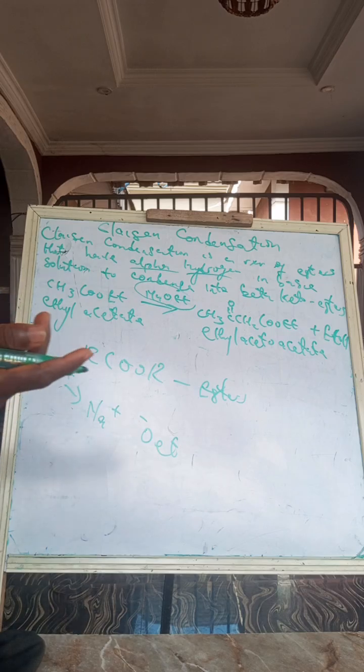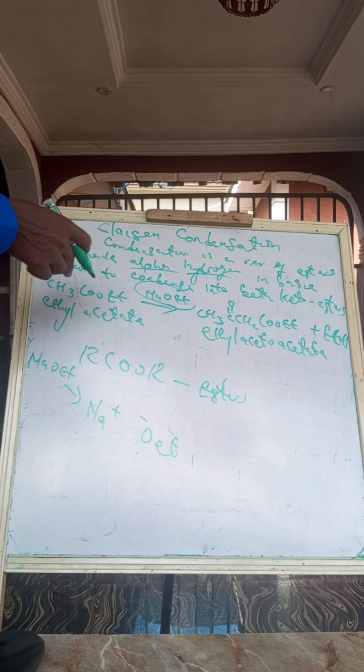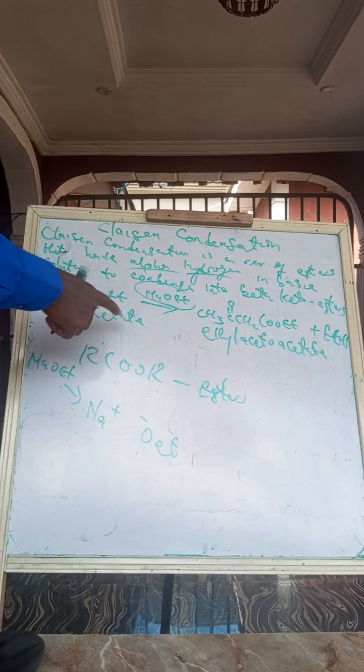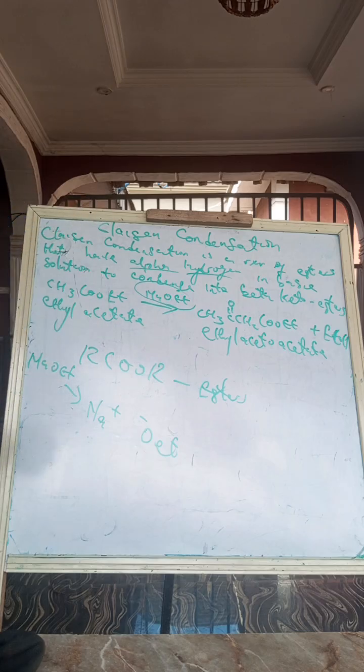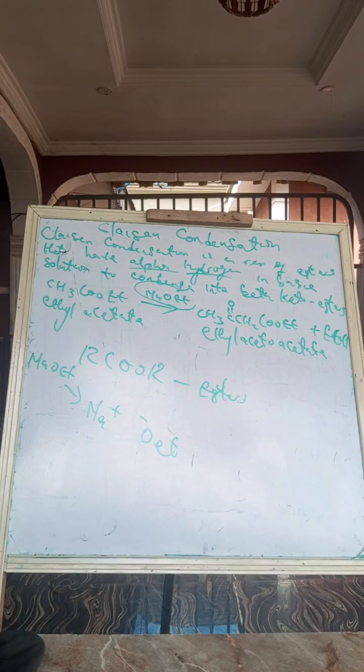So let's give a quick example. That is ethyl acetate, otherwise known as ethyl ethanoate, undergoing Claisen condensation in the presence of sodium ethoxide, leading to the formation of ethyl acetoacetate, giving us a beta keto ester.